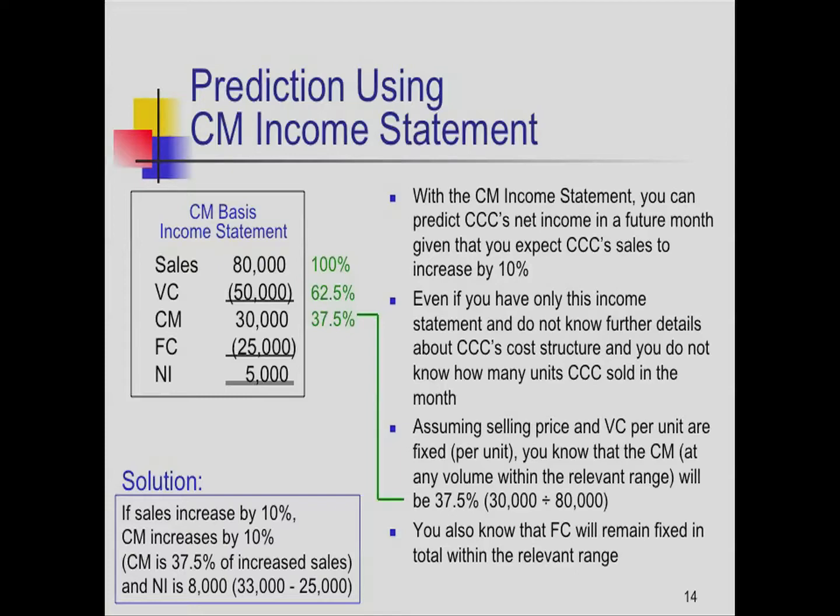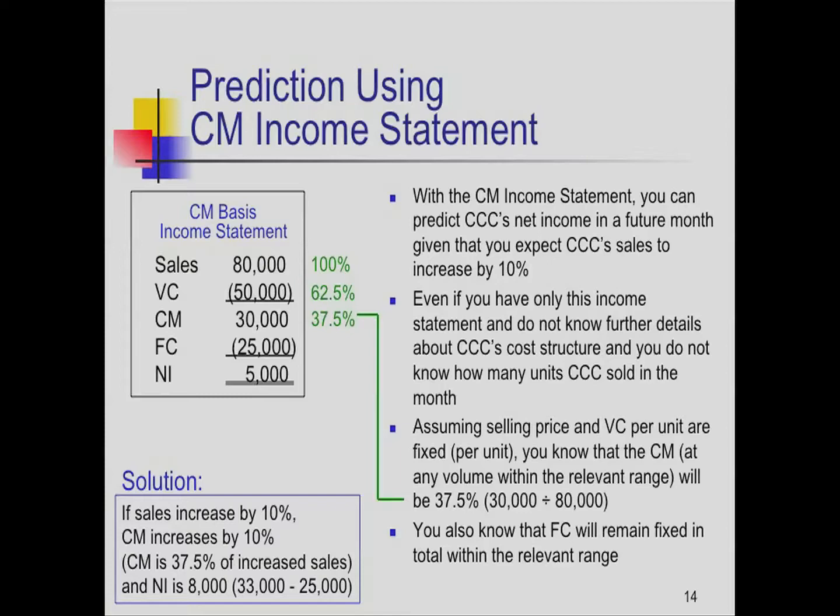That's basically the percentage our contribution margin is of your sales. You can think of your income statement, your sales being your top line, and that's 100%. And everything else on your income statement is going to be a percentage thereof. So our contribution margin, $30,000, is what percent of sales of 80,000? It's 37.5%.